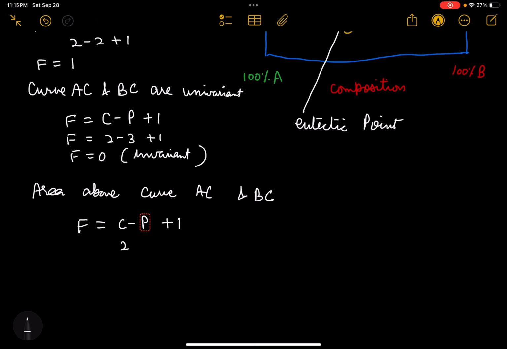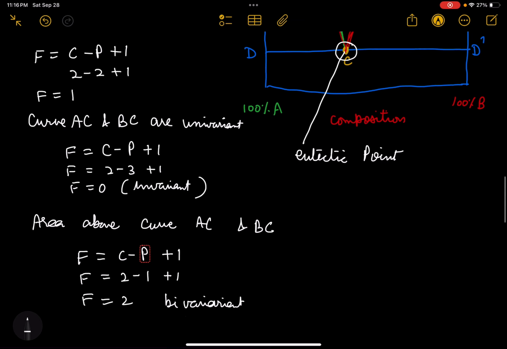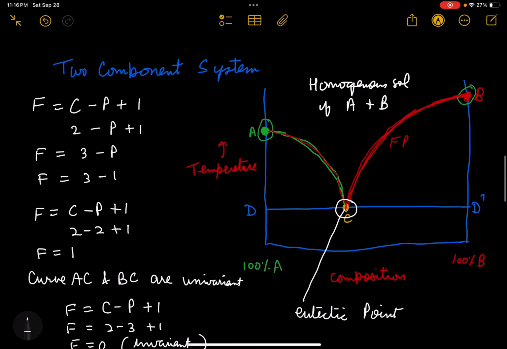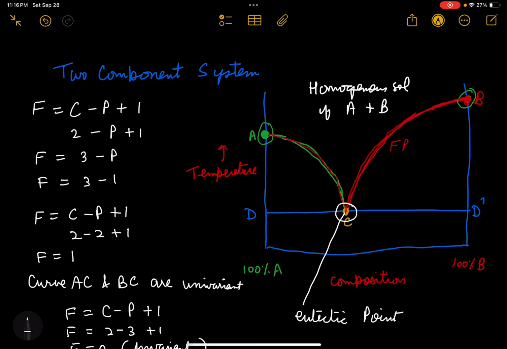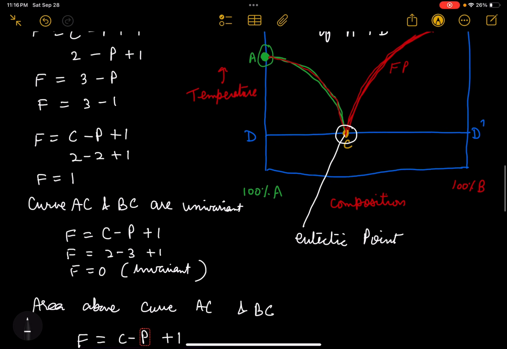The number of components is 2, number of phases is 1. So the degree of freedom is equal to 2. The system is bivariant. That is, in the region above the curves AC and BC, we need temperature and composition to define the system simultaneously.